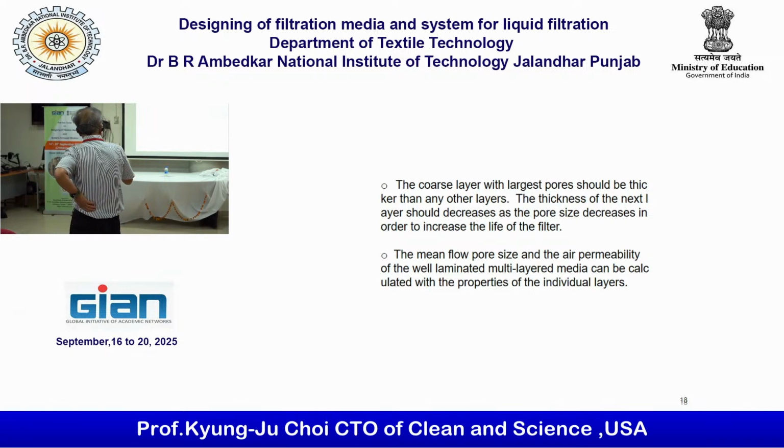Yesterday I actually modified everything, but somehow I couldn't find my file. But anyway, the thickness of the next layer should decrease as pore size decreases in order to increase the life of filters. So the mean flow pore size and the air permeability of well-laminated multilayer media can be calculated with the properties of the individual layers. That's the key point.